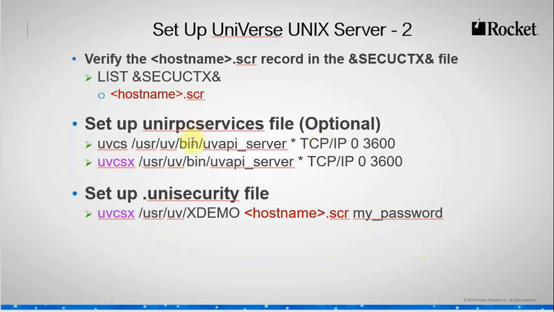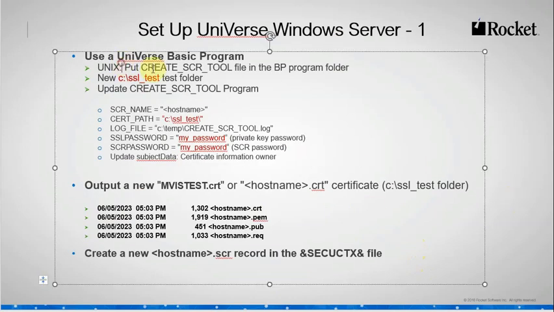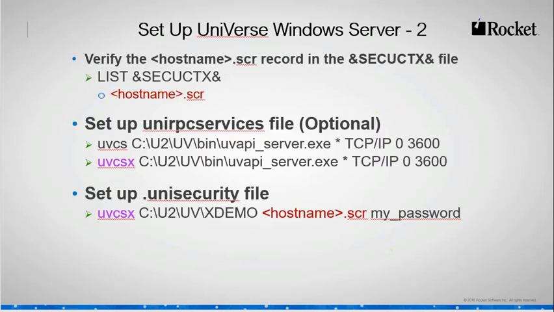So you can verify, and here is an example to update the UniRPC services and the .unisecurity file. On Windows, it's very similar. You just update the CREATE_SCR_TOOL program and put it in the account you want. I put it in the XDemo account BASIC BP folder and changed the SCR name. When I run it, it will create the self-signed certificate and also create the SCR record.